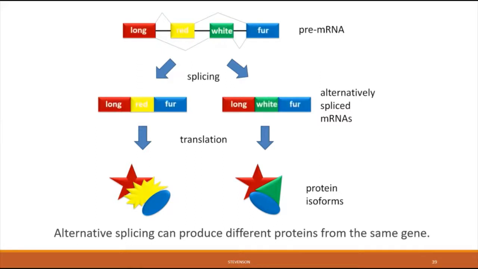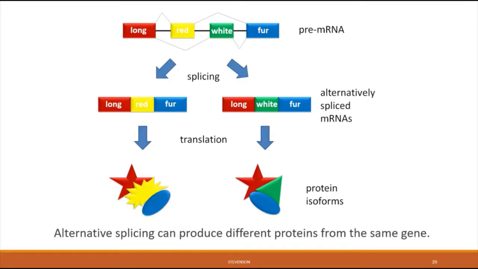So let's say that this gene at the top, the pre-mRNA, says long, red, white fur. Depending upon whether the cell decides to cut out the white or the red, it can either come up with long red fur or long white fur as its end protein form. And that's the beauty of alternative splicing.